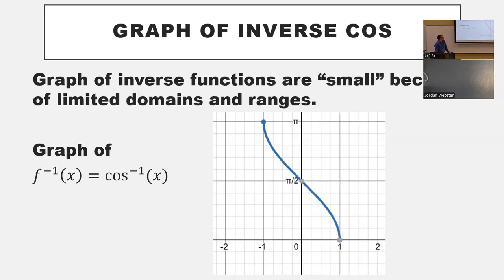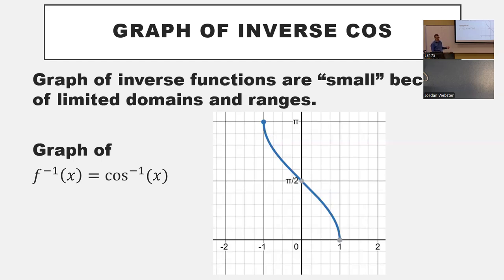Now, lastly, if we want to graph inverse cosine, remember inverse function changes the roles of x and y. So we're going to take our cosine graph and change the roles of x and y. Because it has this wave, we have to limit the domain and range.